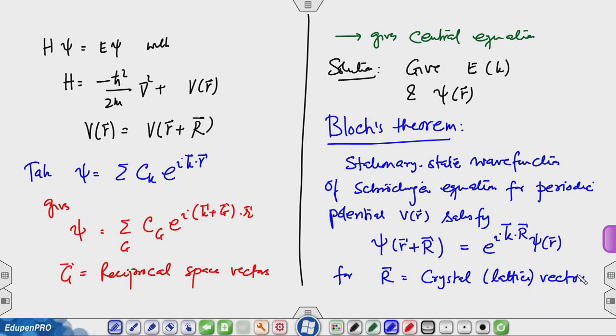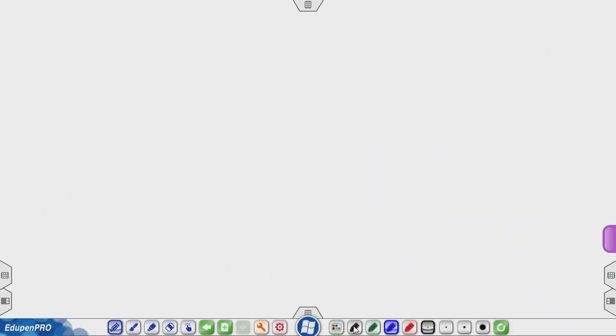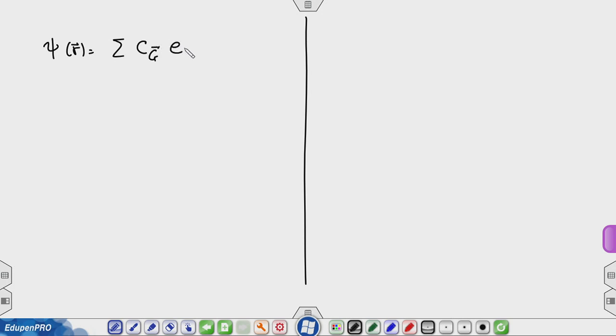That is the statement, and by now you should be seeing very easily that this is indeed so, and let me show it to you explicitly. We have written psi(r) equal to summation over G of C_G, this is for each given k, e raised to i (k plus G) dot r.